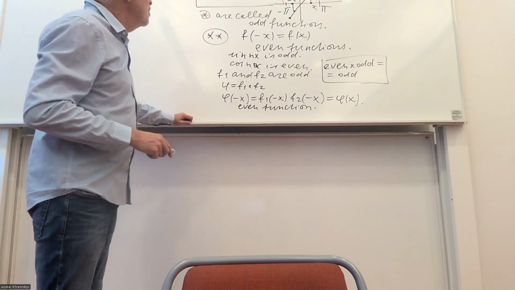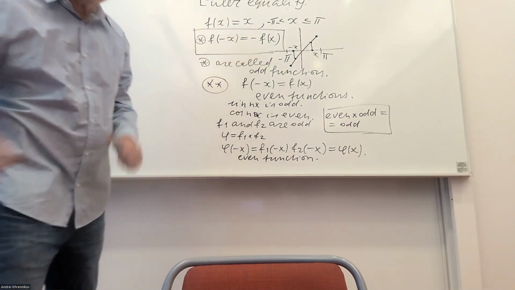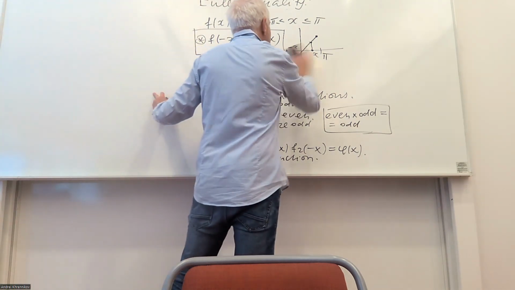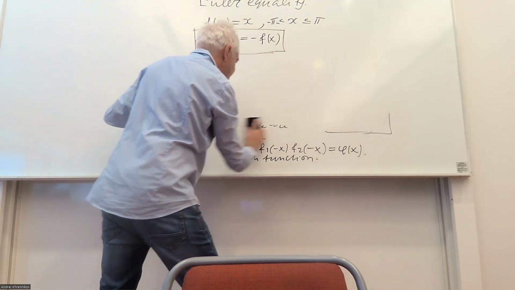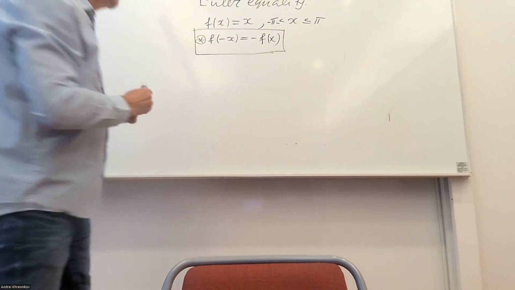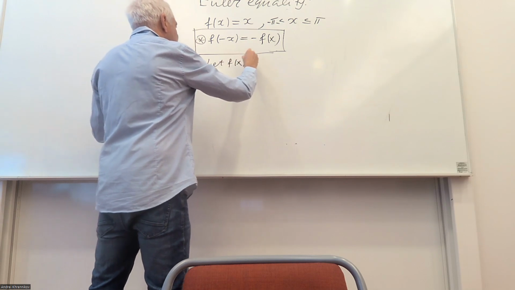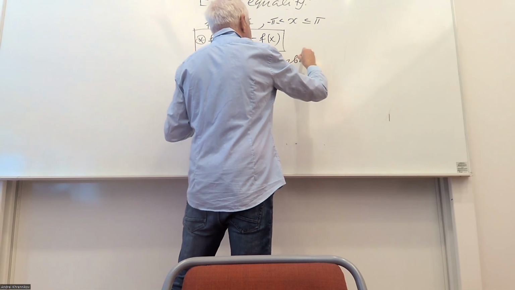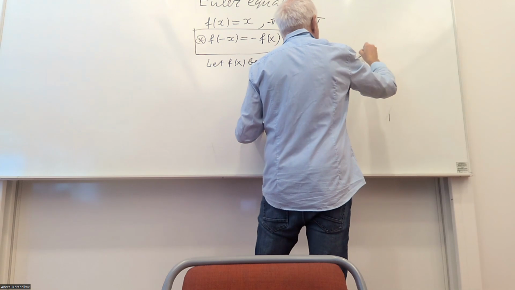So, for example, if this function is even or odd, in principle, we need not calculate all coefficients. So now the general case: let f(x) be an arbitrary odd function.